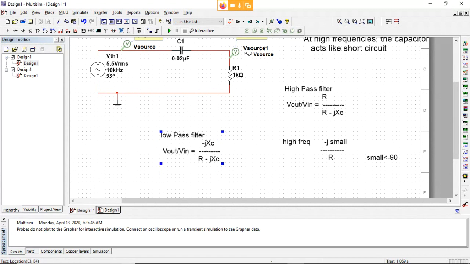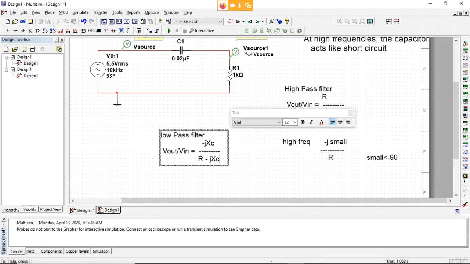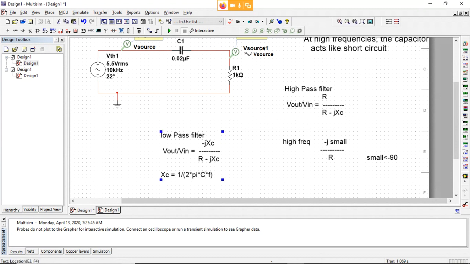Remember that X of C is equal to 1 over 2 times pi times the capacitance times the frequency. The capacitance isn't changing. We've selected the capacitance, so now we're just looking at how this changes with frequency.